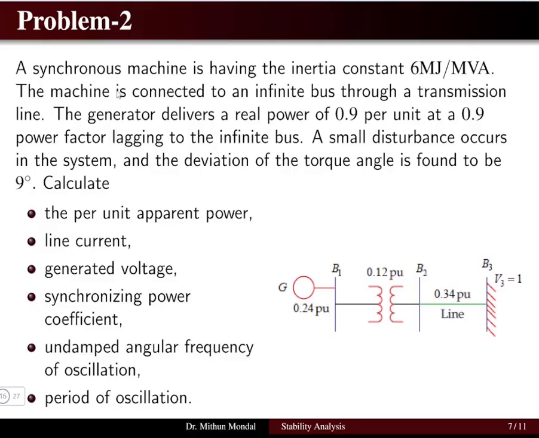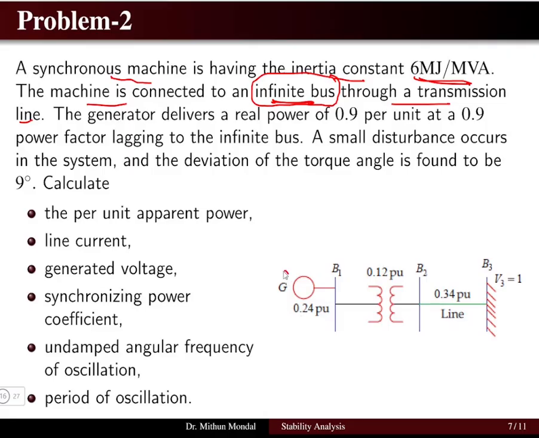Next problem that we are going to solve is where a synchronous machine has an inertia constant of 6 megajoule per MVA. The machine is connected to an infinite bus. Infinite bus means a bus which has a constant voltage of 1 per unit. So the machine is connected through a transmission line to the generator.